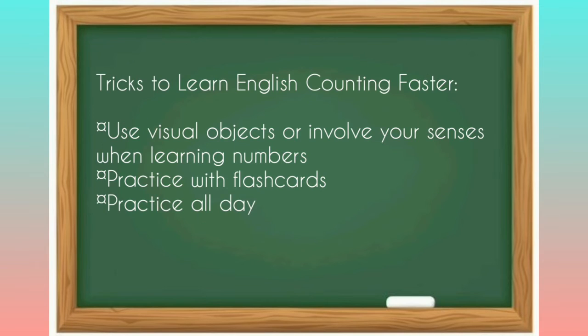So here are the tricks to learn English counting faster. First, use visual objects or involve your senses when learning numbers. Involving your senses while practicing English will help you to remember the new words better.